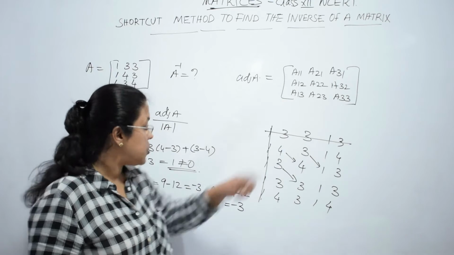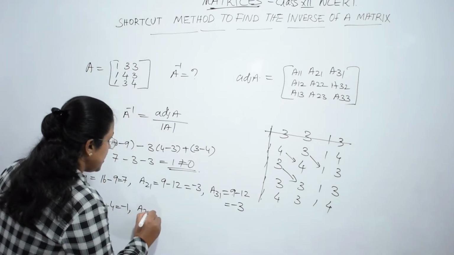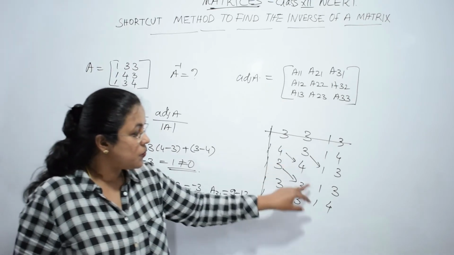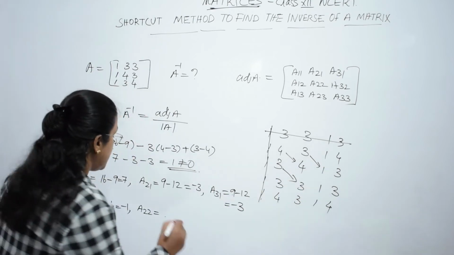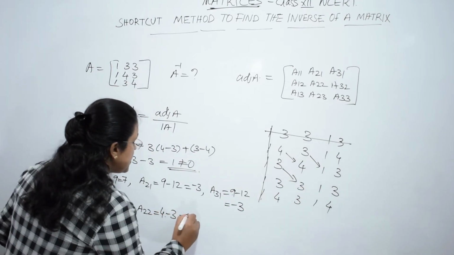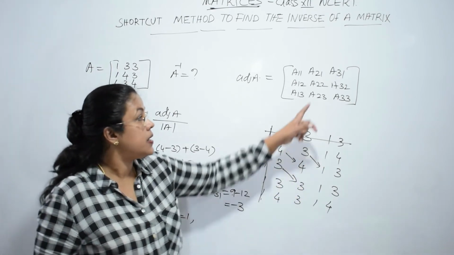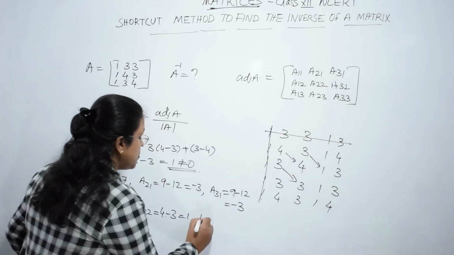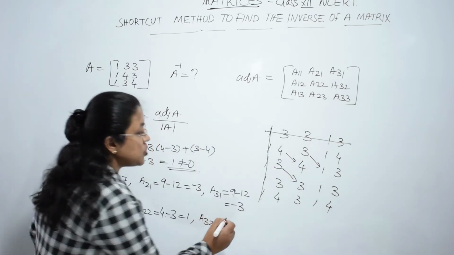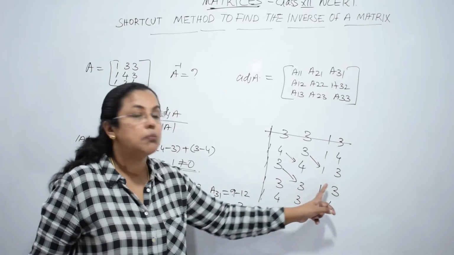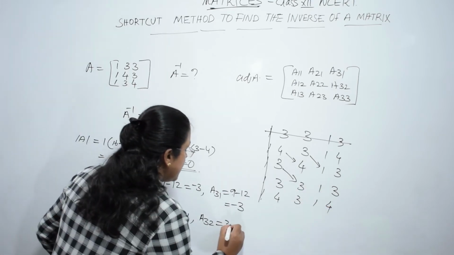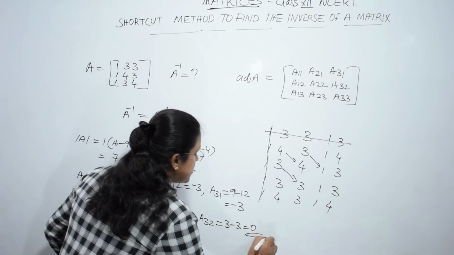Next A22 is equal to 4 1 is 4 minus 3, which is equal to 1, and A32 is 3 1 is 3 minus 3 1 is 3, that is equal to 0.